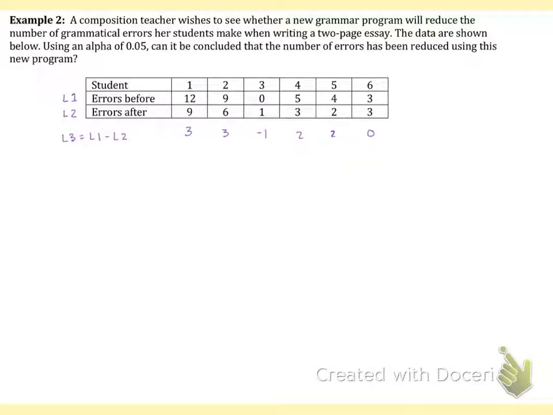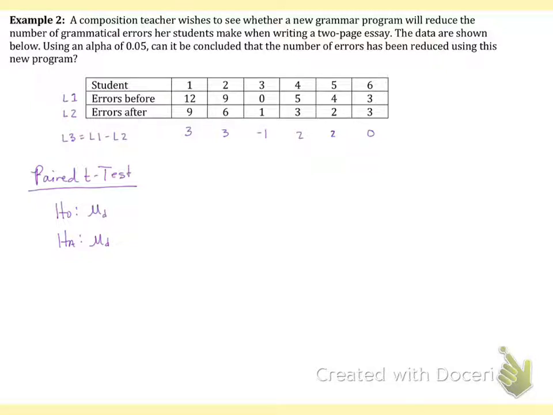Because this is a paired t-test, we're going to run a regular t-test on L3. So our null and alternative hypotheses for paired t-tests use mu sub d because we're looking for the mean of the differences. And here we want to find out if this new program makes a difference.